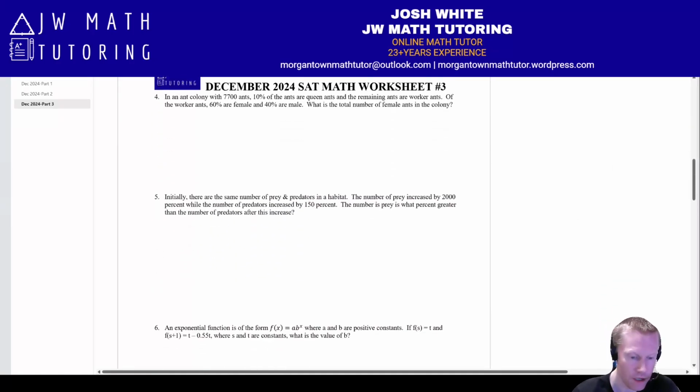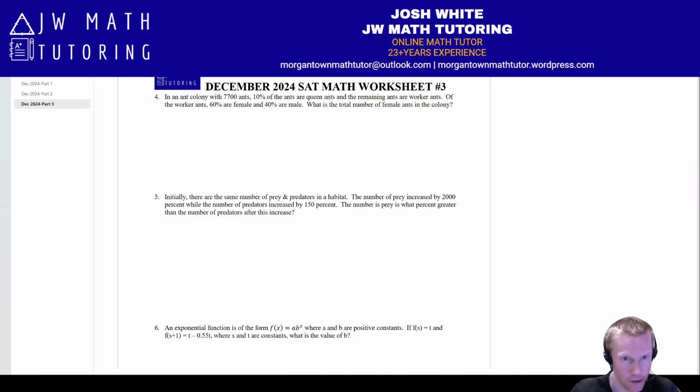All right, top of the next page, actually, here we have a problem that dealt with ants and specifically percentages. This is similar to the problem on part 2 about the piece of land and the percentage of buildings and all that kind of stuff on it. So essentially what you have here is 7,700 total ants.